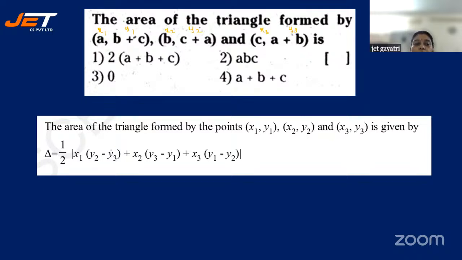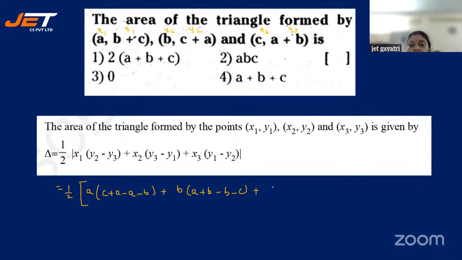So your formula is half into, see what is x1, a into what is y2, c plus a, minus what is y3, minus of a minus b, plus what is x2, b into what is y3, a plus b, minus what is y1, minus b minus c. Okay.